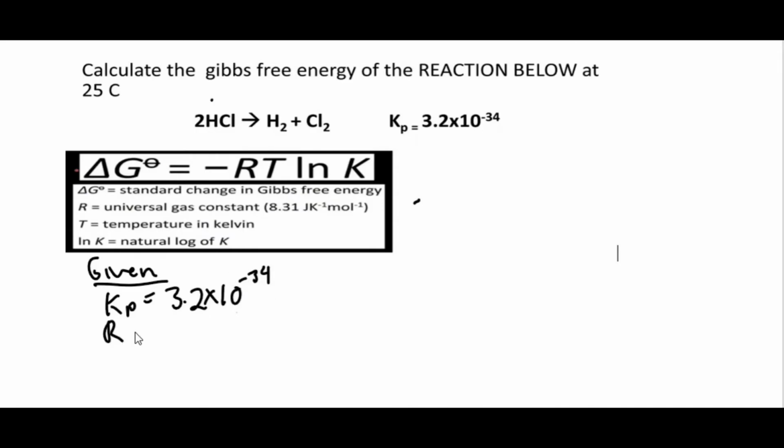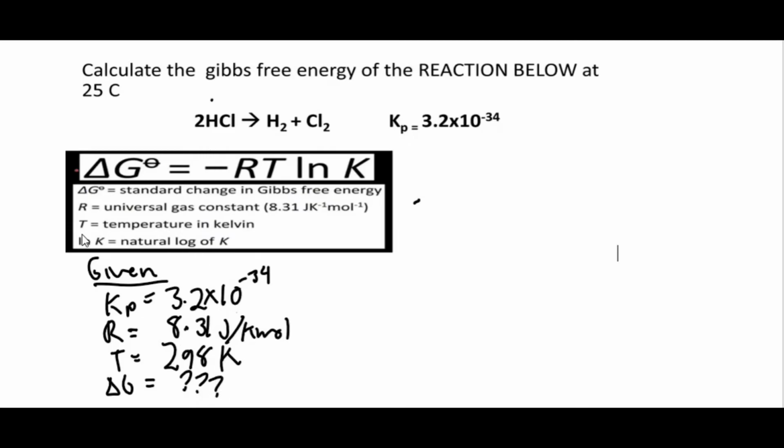Then the gas constant, which is 8.31 joules per mole Kelvin. Temperature in Kelvin: it's 25 degrees, so now we have to convert it into Kelvin. That's 298. What is missing is the Gibbs free energy.